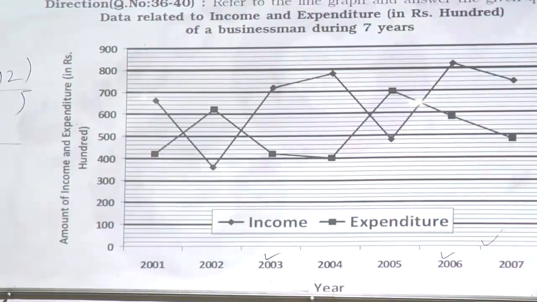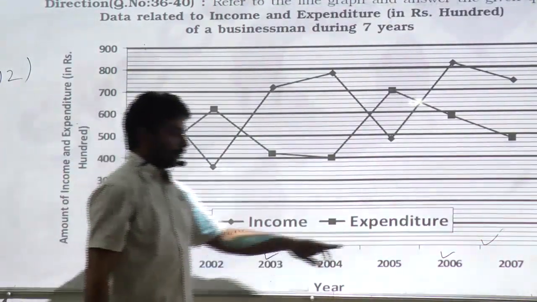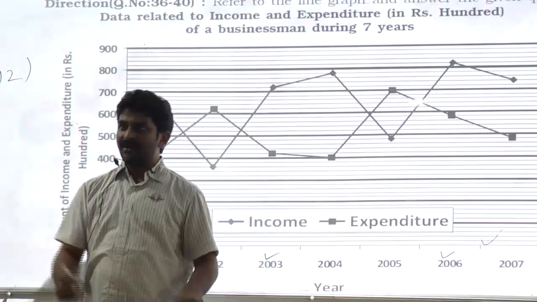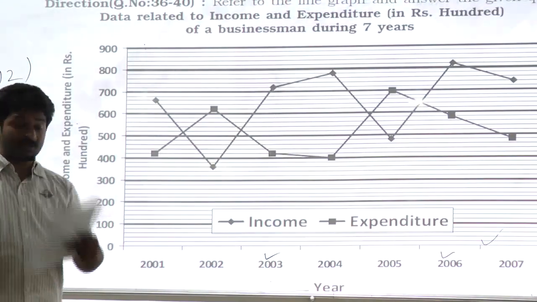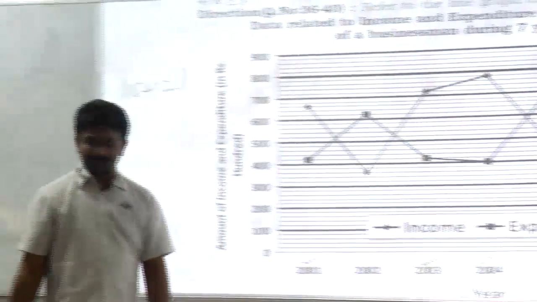In 2003 and 2006 together, how many lines we have? 27. And you need to calculate for 3 more years, 2001, 2004 and then 2007, right? If you can calculate for those 3, that's enough.